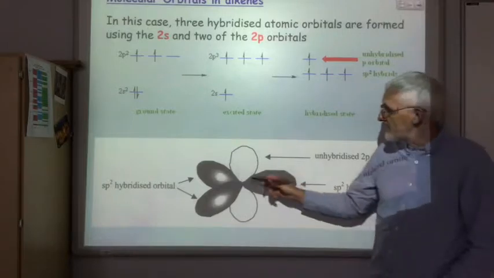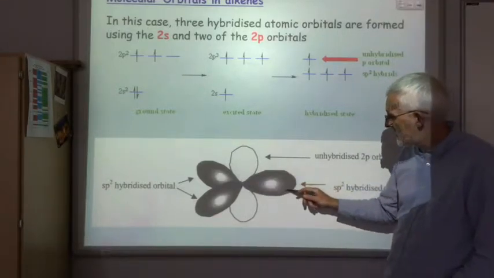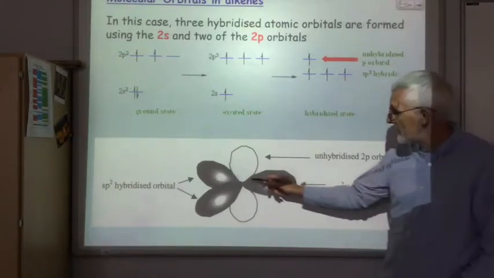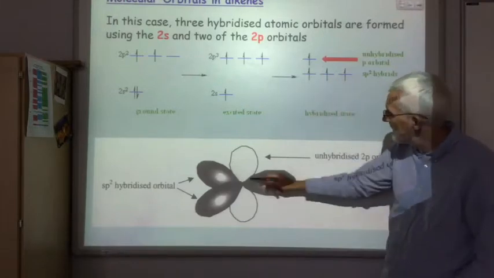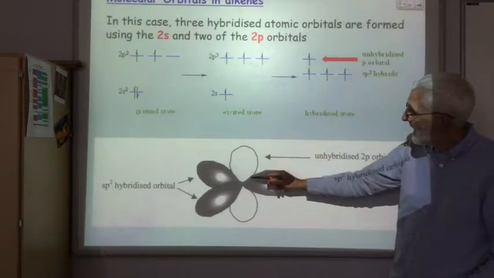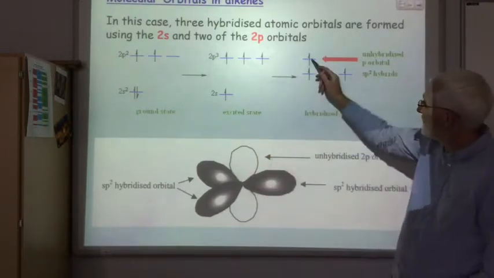So this is what the carbon atom would look like. The darker orbitals are the sp2 hybrids, 3 of them, 1, 2, 3, and the white one is just the ordinary p orbital.